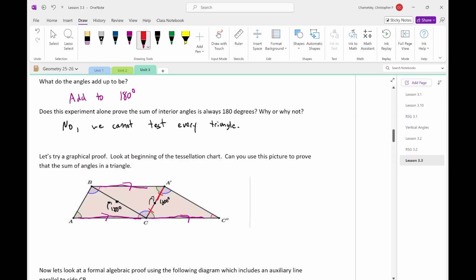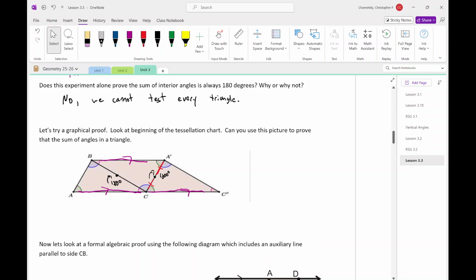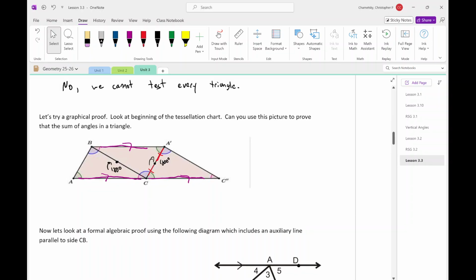So through transformations, we're going to see that these three angles line up along this shape. We haven't defined what those angles are; we just know it's always going to create that trapezoid shape.